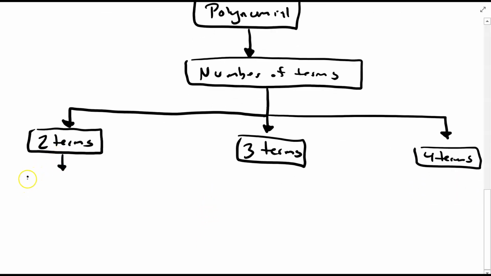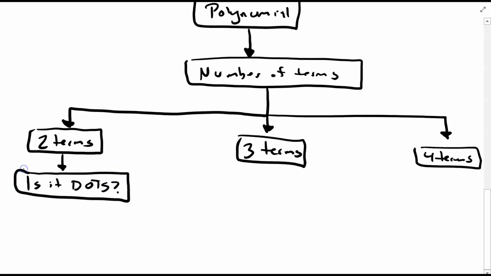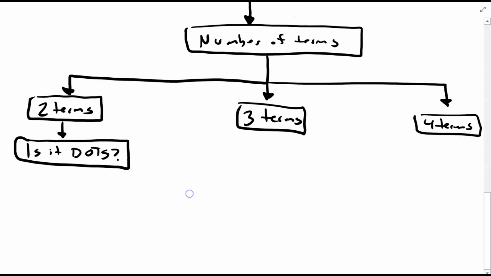In the two-term situation, the first thing we check to see is if our polynomial was a difference of two squares. If the answer was yes, we factored it using that, and then we went back through the two-term branch to see if there was any more factoring.